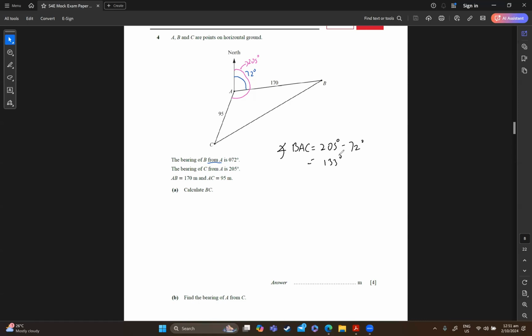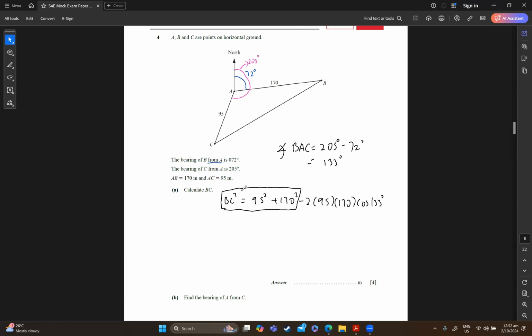So now that you know what BAC is, you can go and calculate the length BC using the cosine rule. So write down BC squared equals 95 squared plus 170 squared minus 2 times 95 times 170 cosine 133. Now, if you're still having trouble memorizing the cosine rule formula, you think of this portion as the weird Pythagoras theorem.